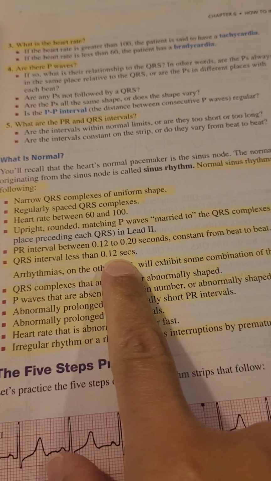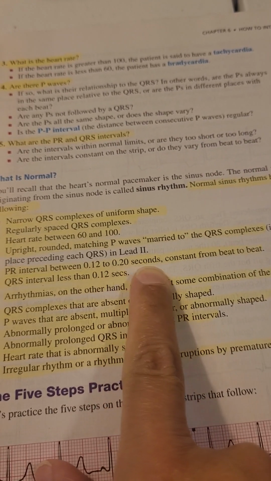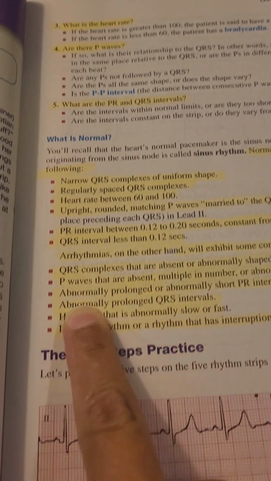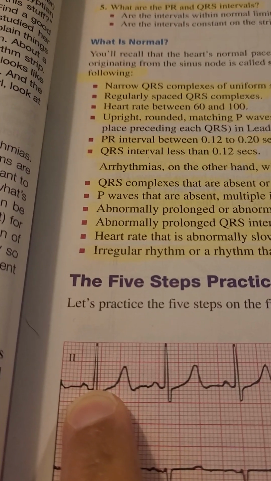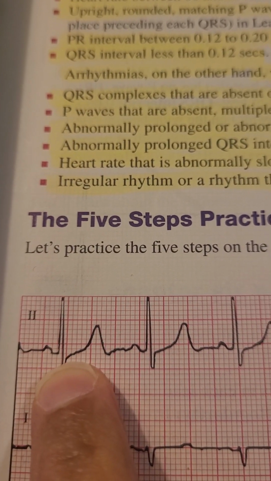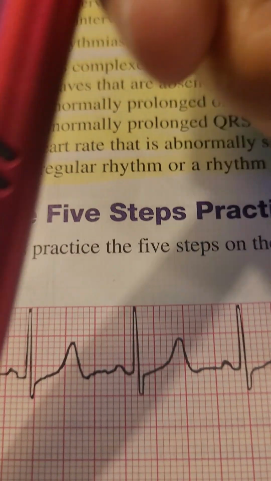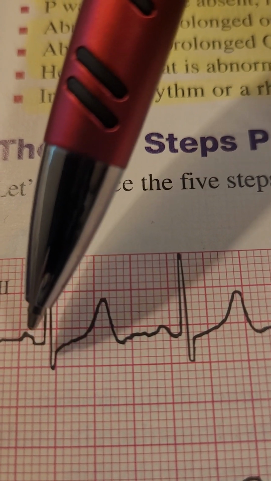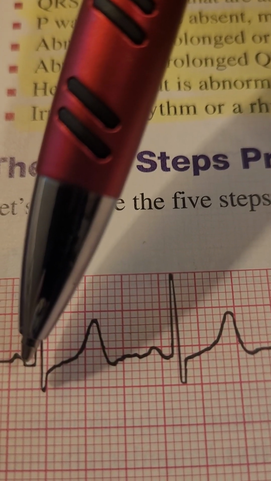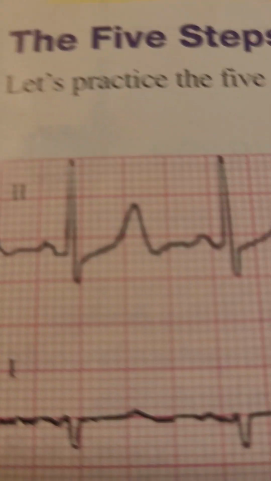PR interval between 0.12 seconds to 0.20 seconds, constant from beat to beat. Remember, from the beginning of the P wave to the beginning of the QRS, it should be the same. In this one it's about three little squares.